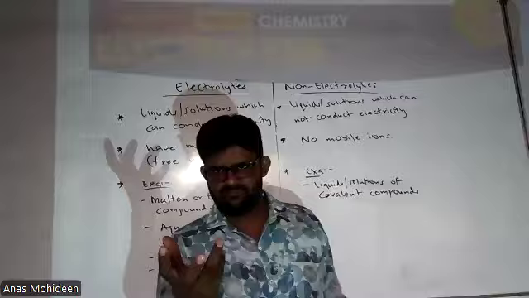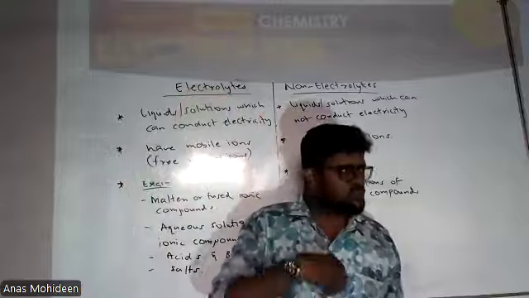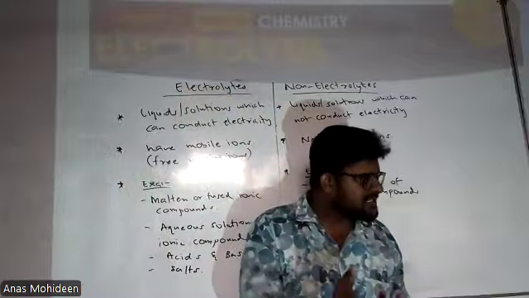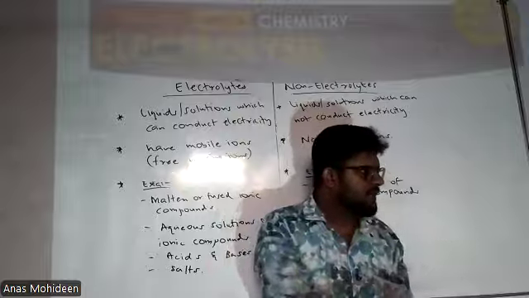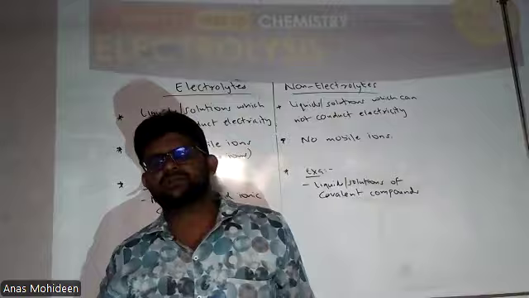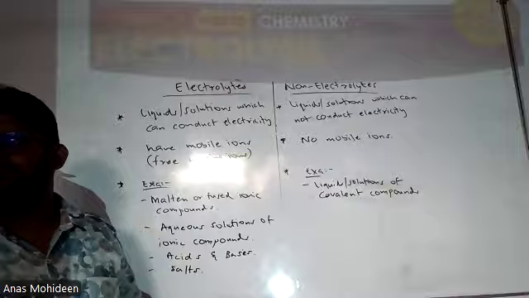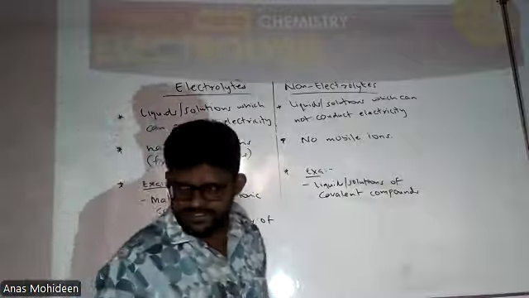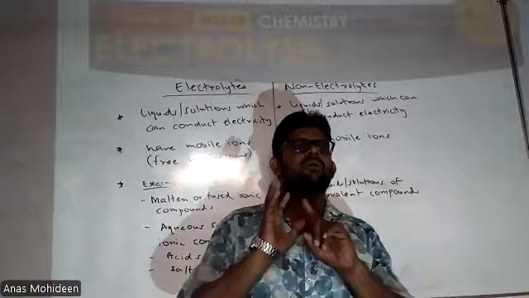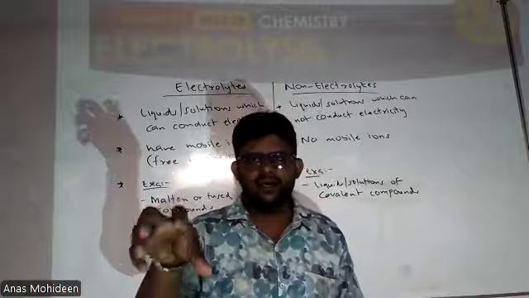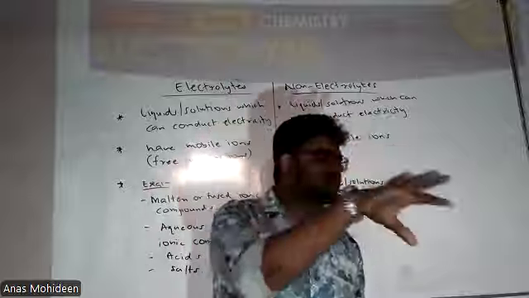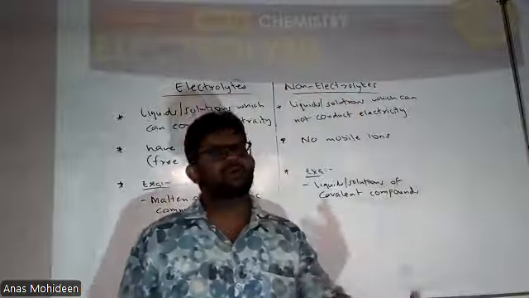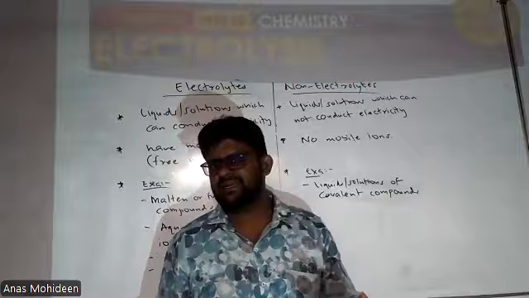You take a solid substance and heat it. When you heat the solid substance, it melts into a liquid state. This is called molten, or else fused also. So a solid upon heating can convert into molten. It's a liquid, in the melting state.